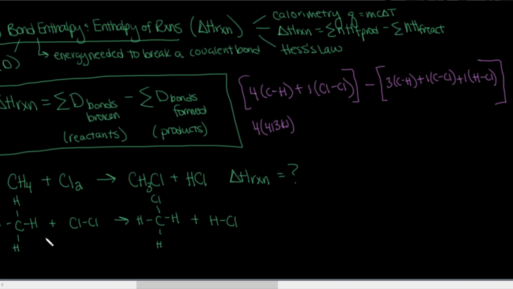Again, if there were coefficients out there, take them into account, right? Like if there was a 2 out in front of this Cl2, you'd have to add 2 of those bonds. Plus chlorine-chlorine bond, 242 kilojoules.